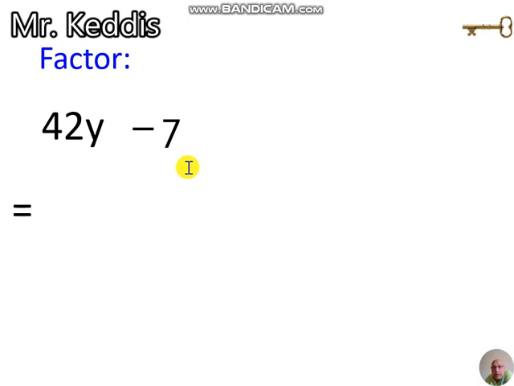I need to factor 42y minus 7. What is the common factor between 42 and 7? Since 6 times 7 is 42, the 7 here is the common factor.